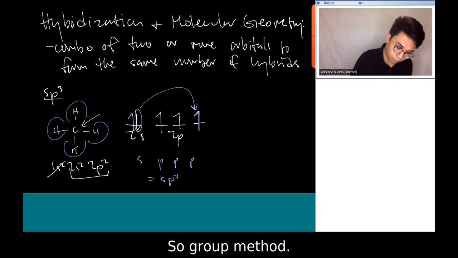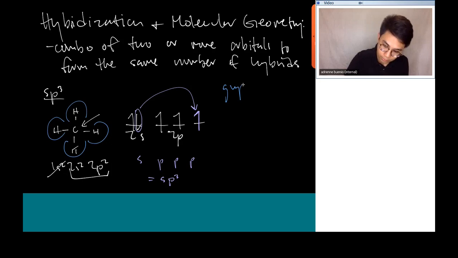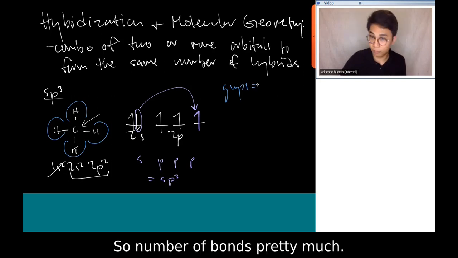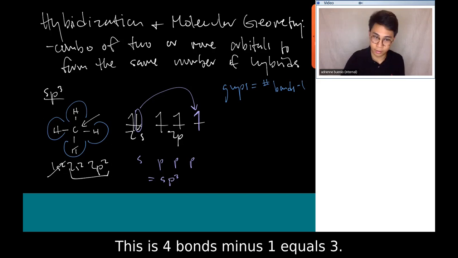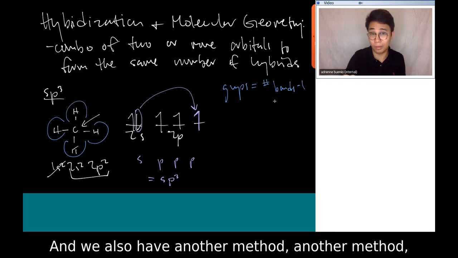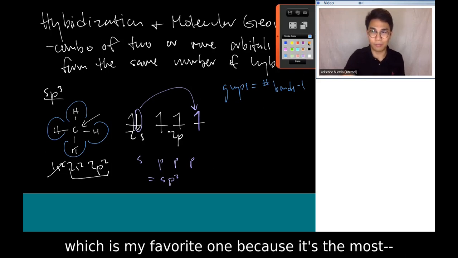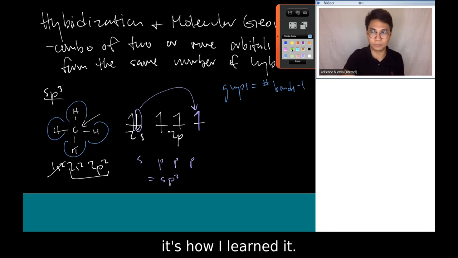So the group method is pretty much the number of bonds minus 1. This is 4 bonds, minus 1 equals 3. And we also have another method, which is my favorite one because it's how I learned it.